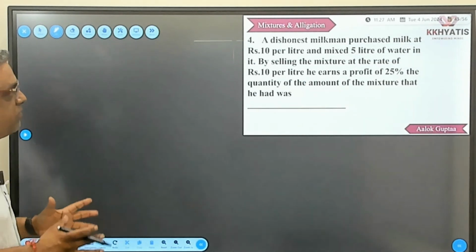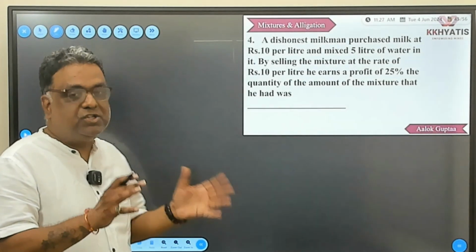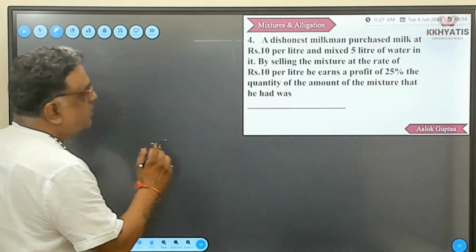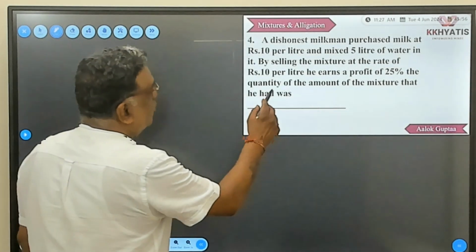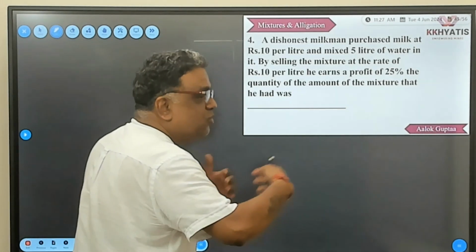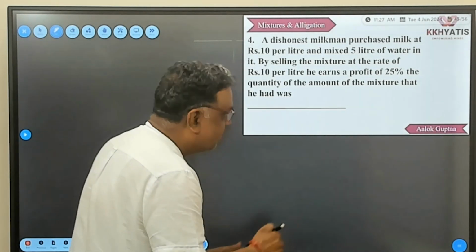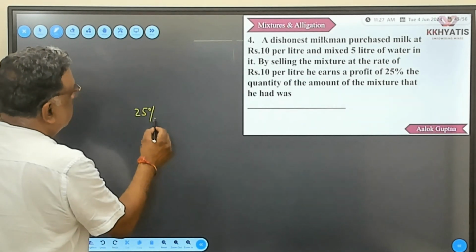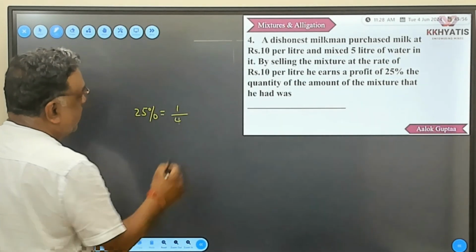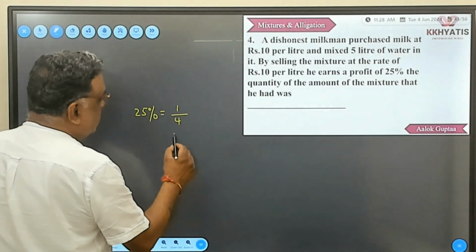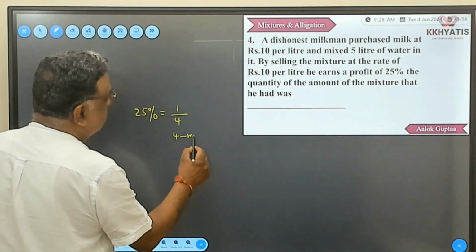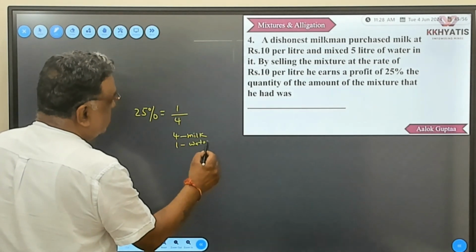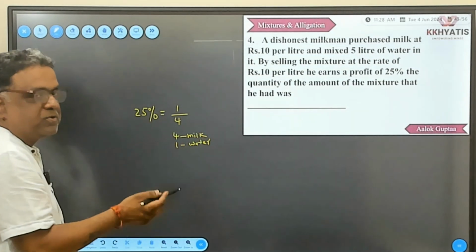So the quantity of the mixture that he sold after adding water was how much? 25% profit he made, which means 1 upon 4, which means initially he must have had 4 of milk and he added 1 of water, because this 1 by 4 profit came only because of adding water.